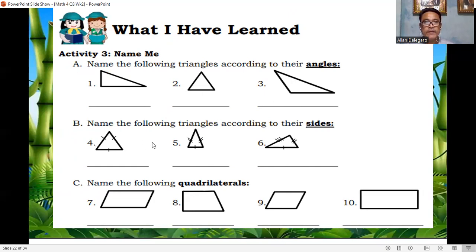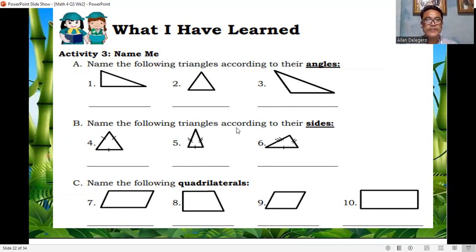B. Name the following triangles according to their sides. 4, 5, and 6. And letter C, name the following quadrilaterals. Figure number 7, figure 8, figure 9, and quadrilateral 10.